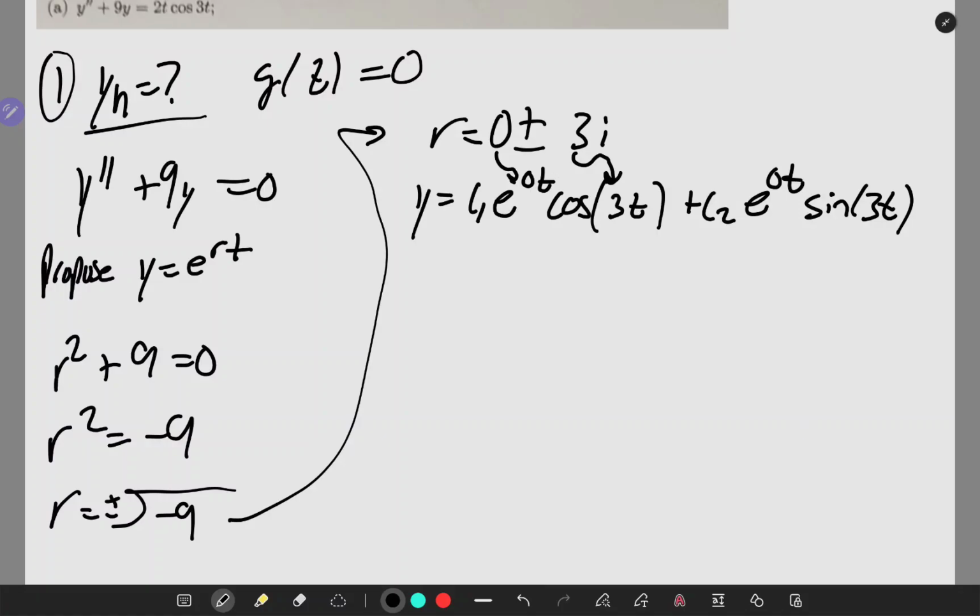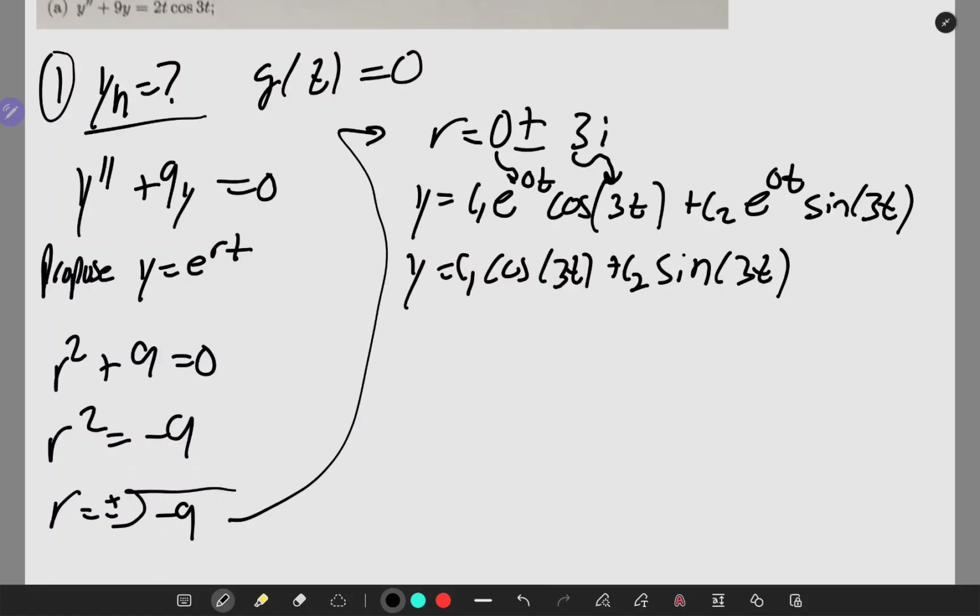Now, of course, these are just 1, because remember, e to the 0 is 1, so y is equal to c1 cosine of 3t plus c2 sine of 3t. Oops, I forgot the c2 here.